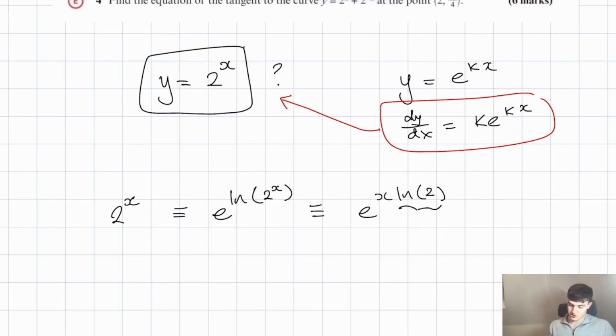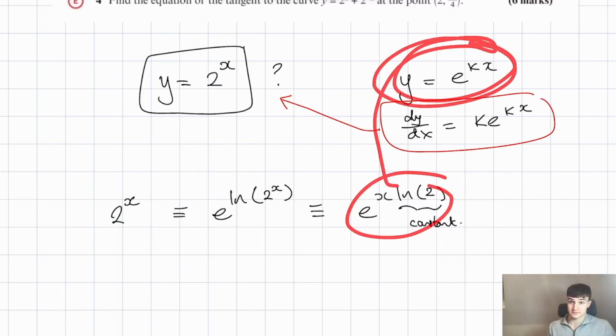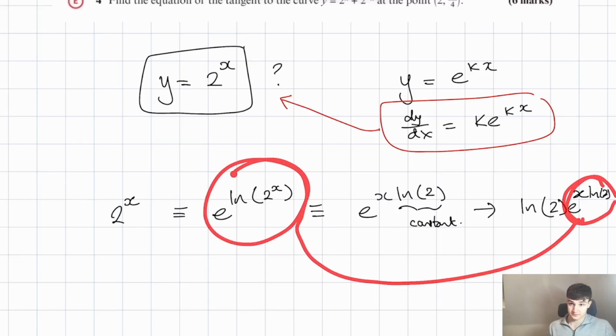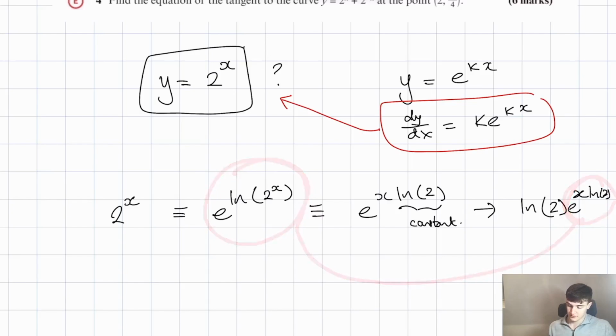And now this is just a constant, so we are now in this format here. If I differentiate this, that's going to go to the natural log of 2 e to the x ln 2, or since this thing here is just what we started with, this is just 2 to the power of x.